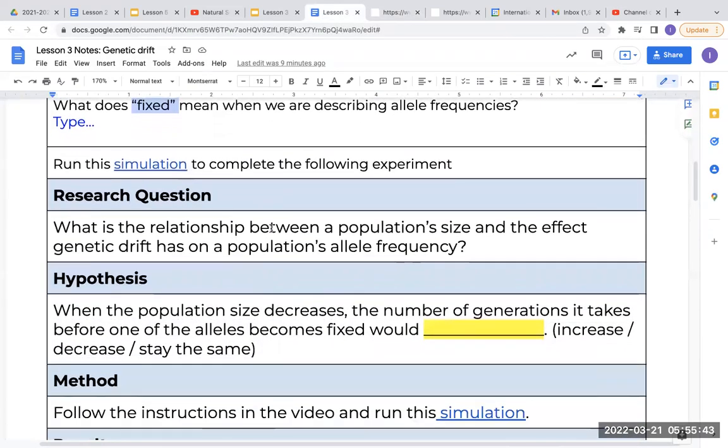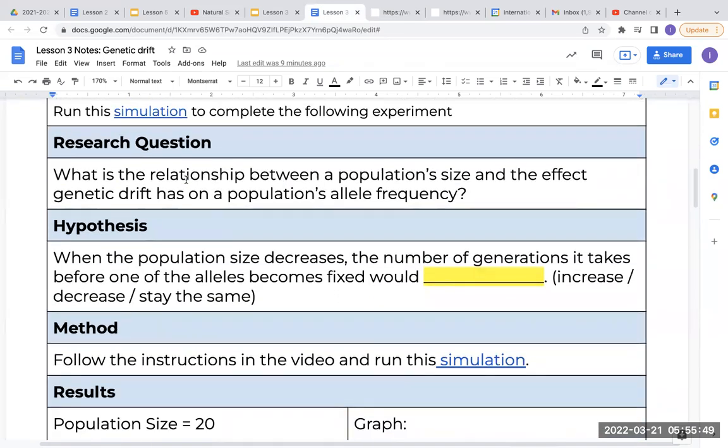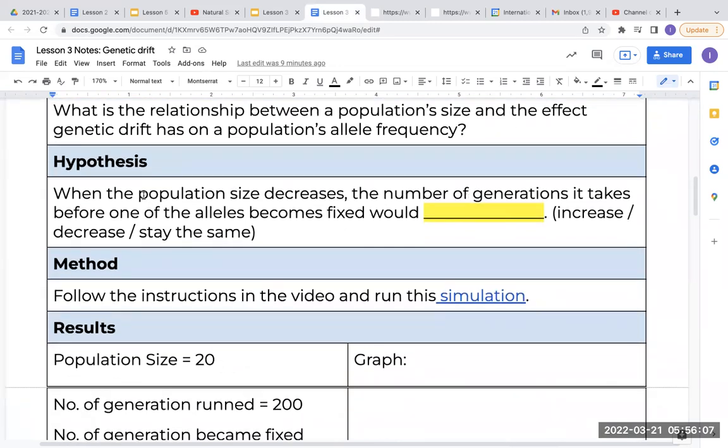Okay, so now we're going to do a little experiment, and I'll let you run the simulation. I want you to investigate this research question: what is the relationship between a population size and the effect genetic drift has on the population's allele frequency? So I want you to make a hypothesis first before you do anything.